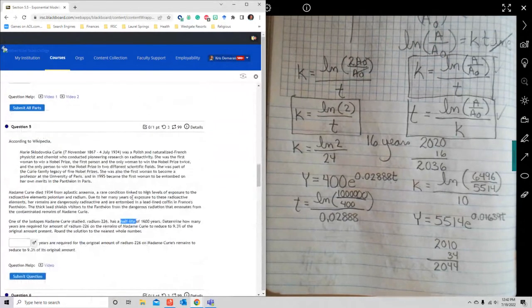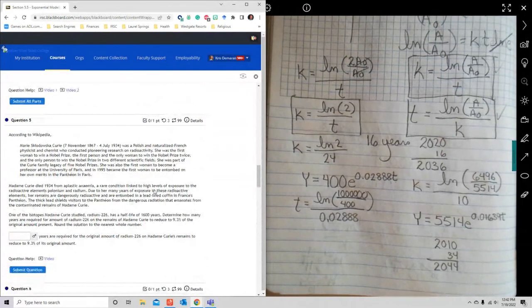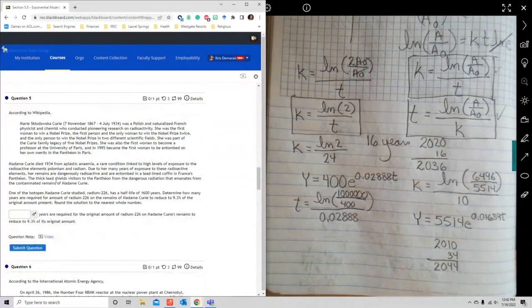So for question number 5, I'm looking for how many years are required for the original amount of radium-226 on Madame Curie's remains to reduce to 9.3% of its original amount. First of all, I need to come up with an equation.